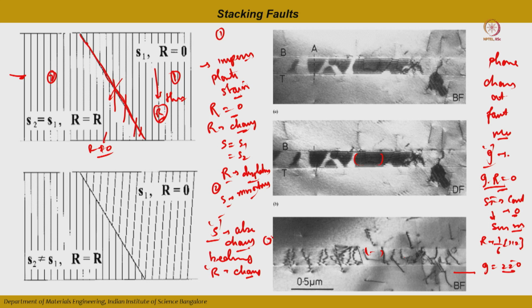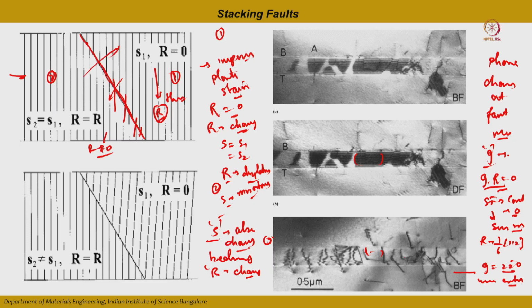So, this is called the invisibility criterion to identify the stacking faults in the sample.